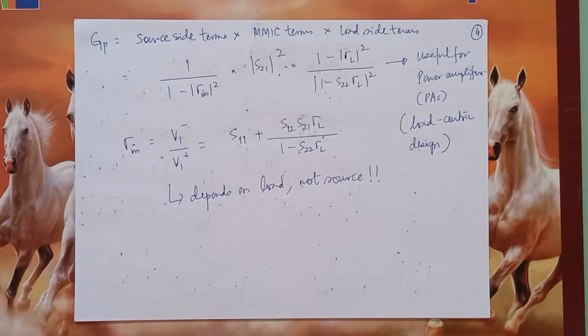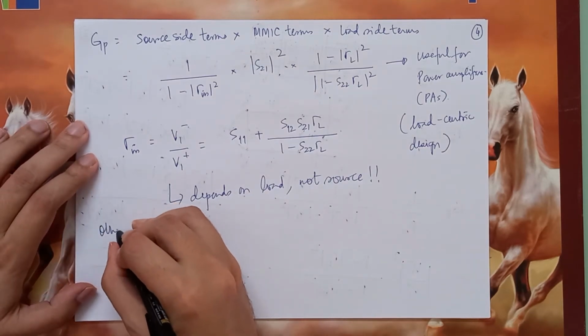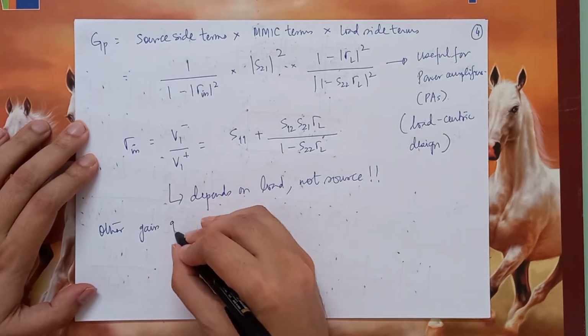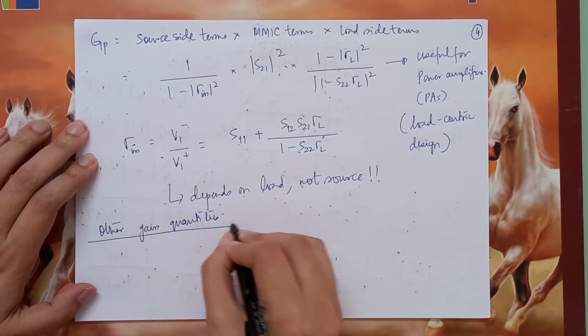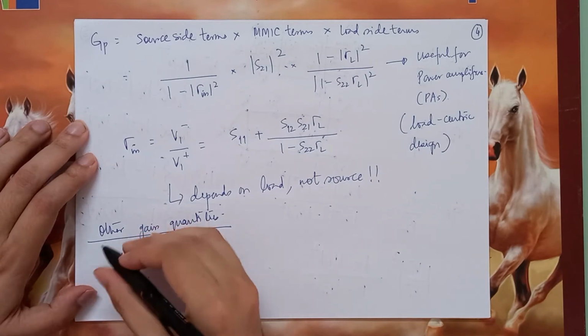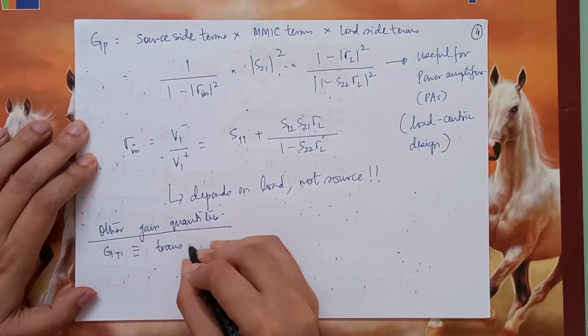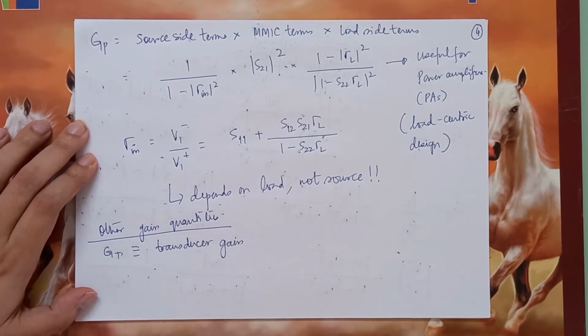So let us now define two more gain expressions. Just like how we defined GP, the second one is called as GT, defined as the transducer gain of the amplifier.